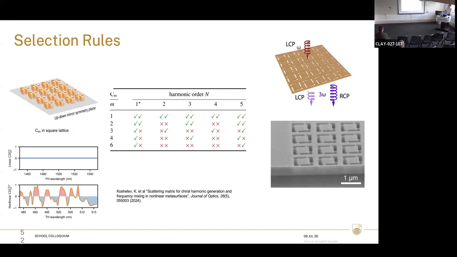One more important thing here is that harmonic selection rules depend on the rotational symmetry of the metasurface. In this case, we use C4 symmetry. C4 symmetry means for harmonic generation that we won't have a copolarized component due to the symmetry, so there will be only a cross-polarized component.